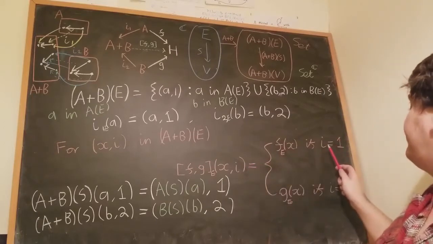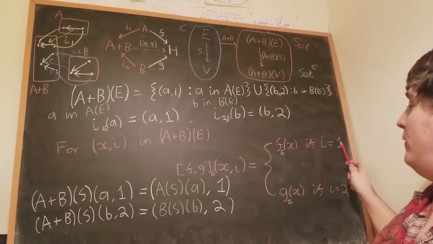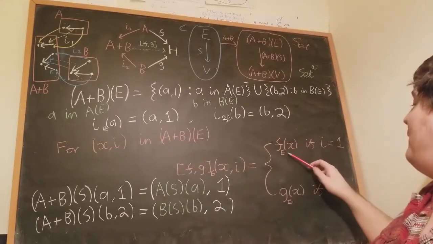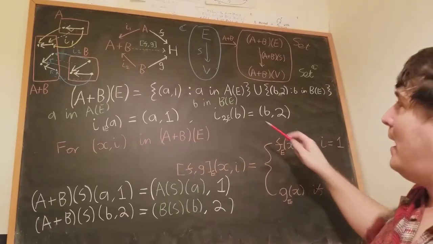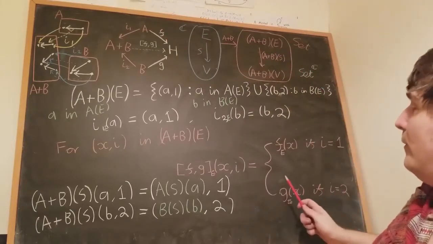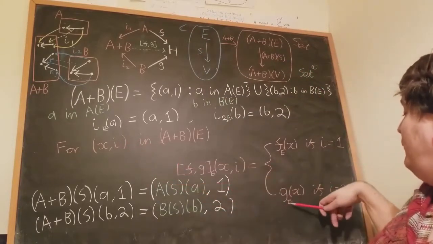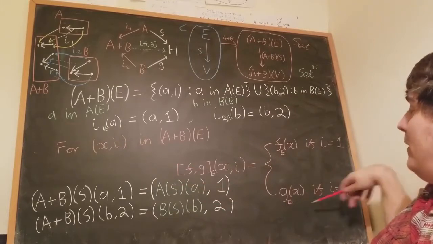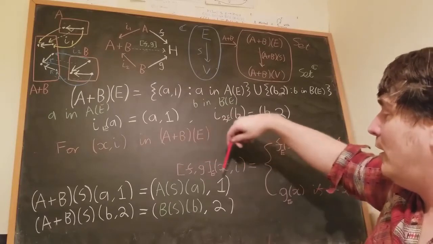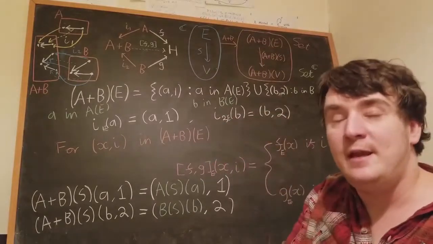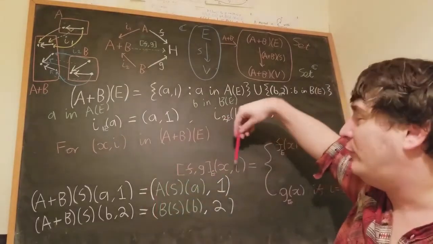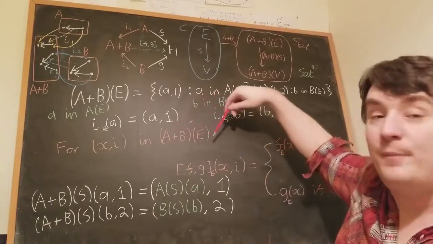If i is 1, in other words, if x came from A, then we'll do f of E on x, because we know about that f. And if i is 2, in other words, if x came from B, then we'll do g of E on x. That will be the result we get when we do the Eth component of [f, g] on this element (x, i) of A plus B of E.